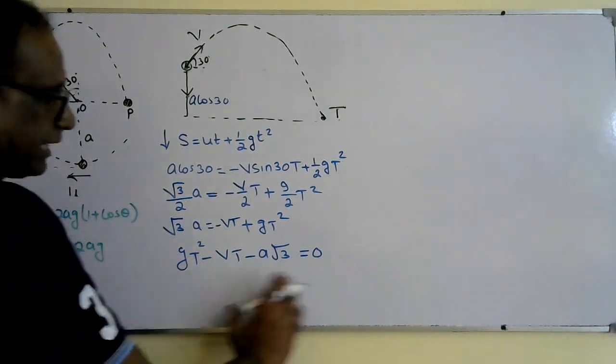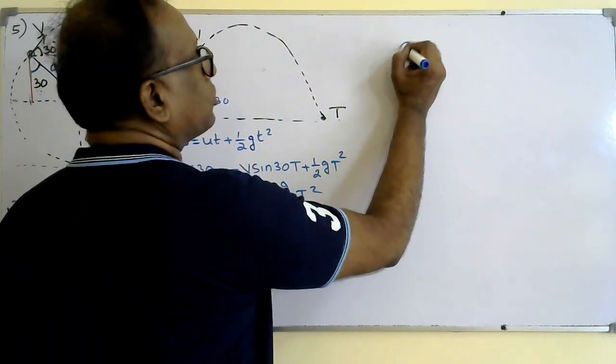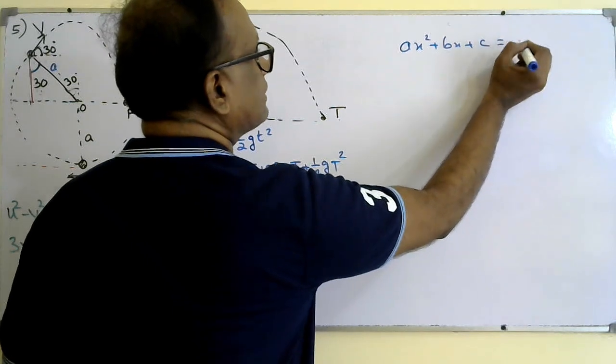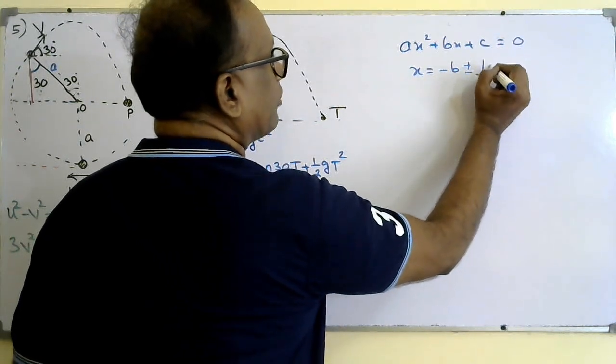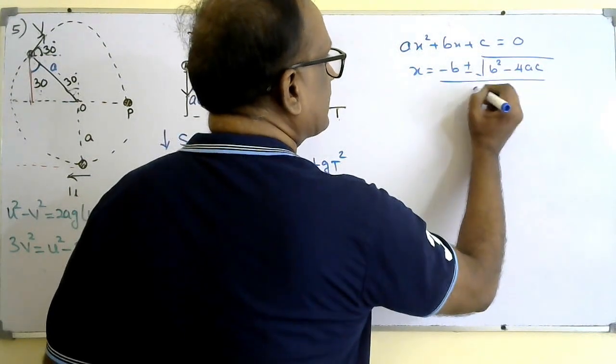Okay, so again we are going to use the standard format, you know, the finding the solution of ax squared plus bx plus c equals 0 means x equals minus b plus or minus square root of b squared minus 4ac over 2a, is it?